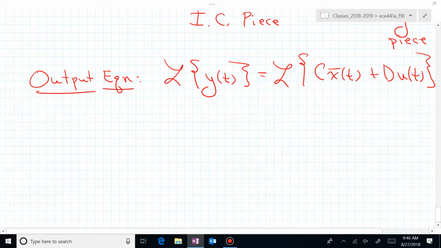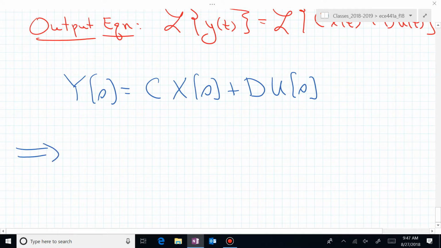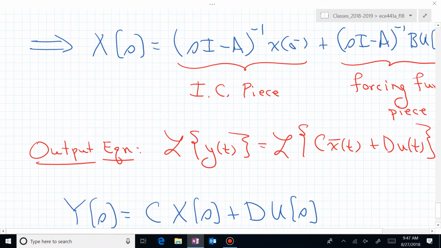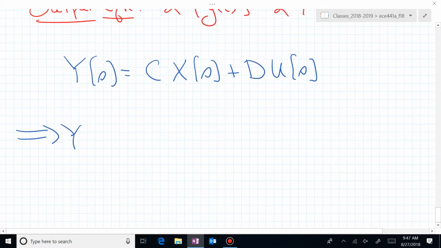There's no dynamics involved. We now have capital Y of s equal to C capital X of s plus D capital U of s. And if we replace capital X of s with what we just derived here, we now can write the total solution of our output in terms of initial conditions and forcing function.